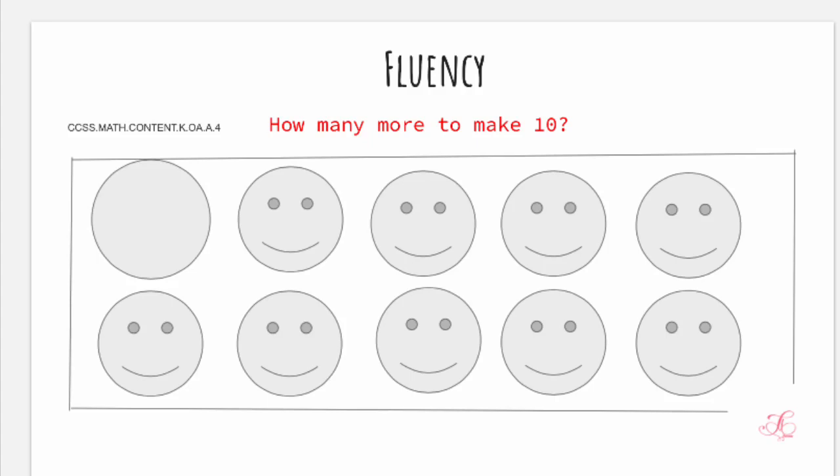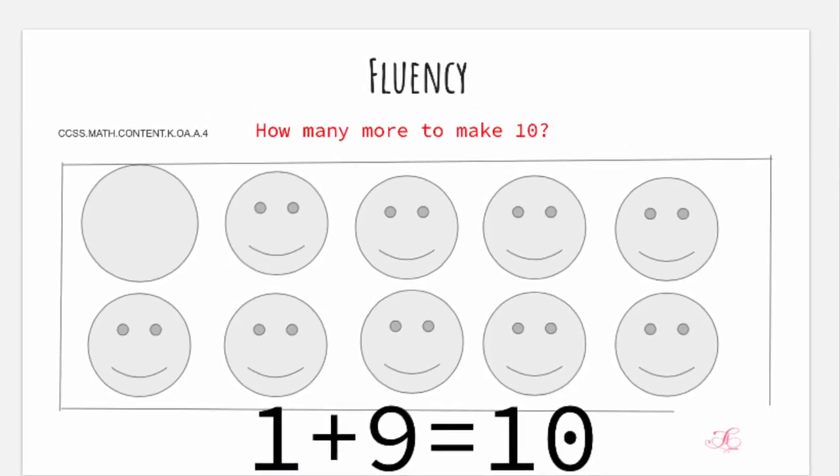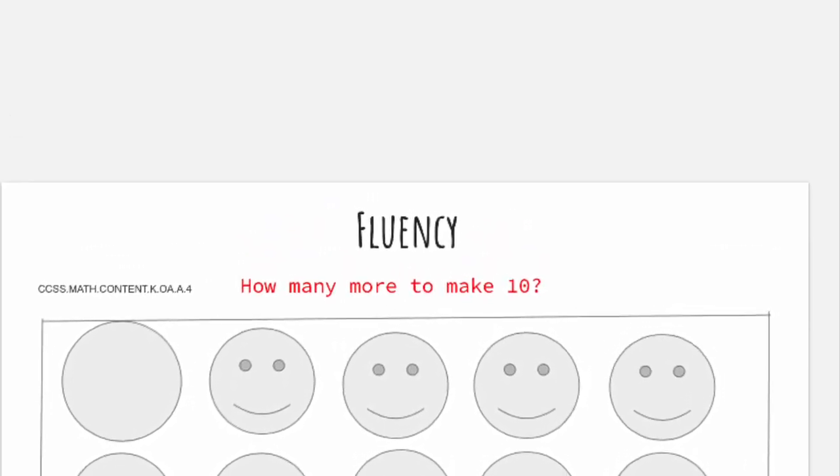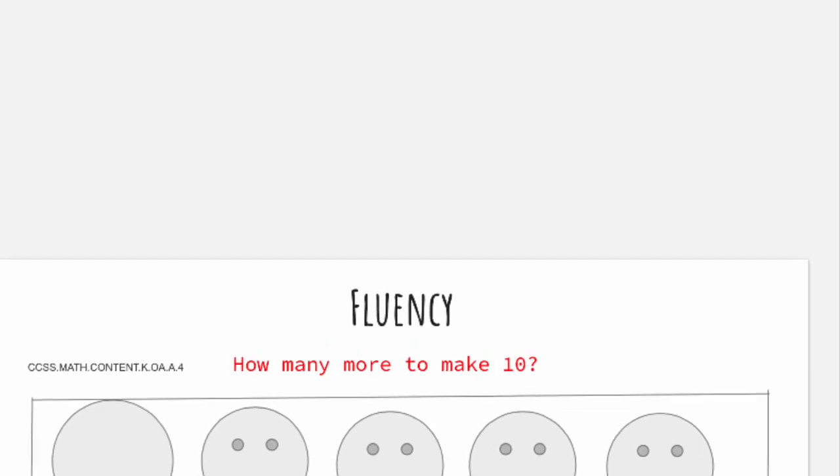Good. Now let's make a number sentence. We started off with how many? 1. And you added 9 more. 1 and 9 equal 10. How many more to make 10?